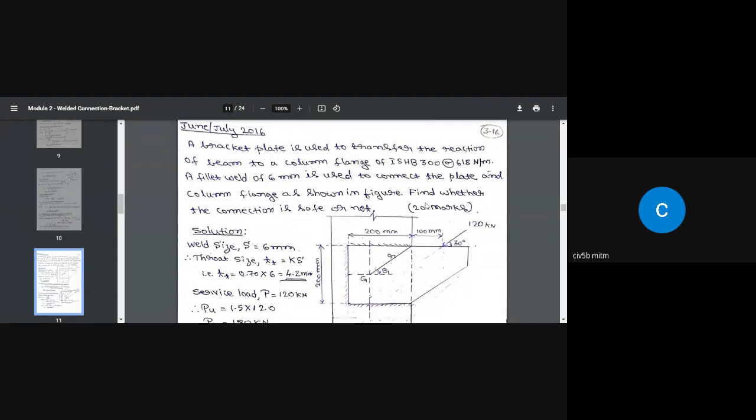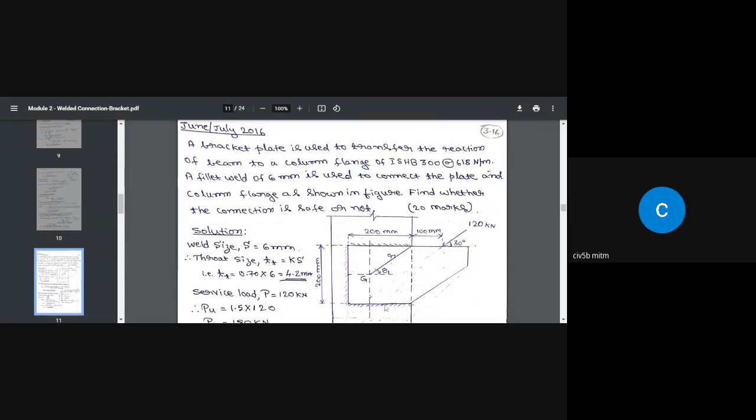Okay. So coming back to the next problem, this is a little bit tricky. Listen carefully for this problem. A bracket plate is used to transfer the reaction of beam to a column flange of ISHP 300. A fillet weld of 6 millimeter is used to connect the plate and column flange as shown in figure.